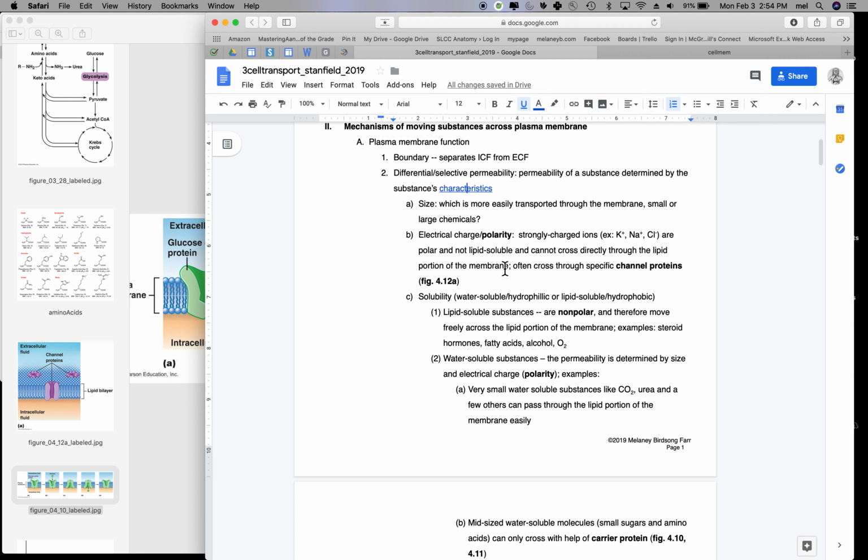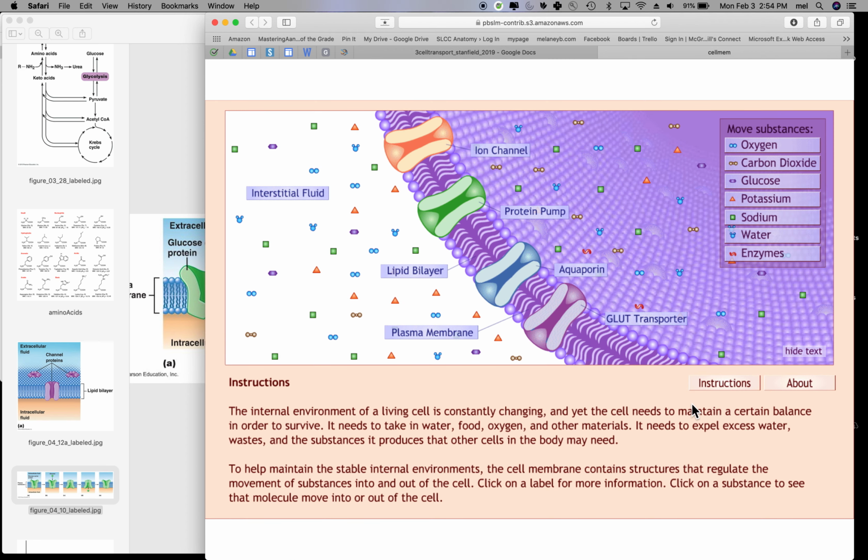But then the next thing you have to consider is the concept of electrical charge or polarity. Charged particles, like ions such as potassium, sodium, and chloride, are polar, and so they tend to be hydrophilic and lipophobic. So they're not lipid soluble, and again, the plasma membrane is primarily lipids.